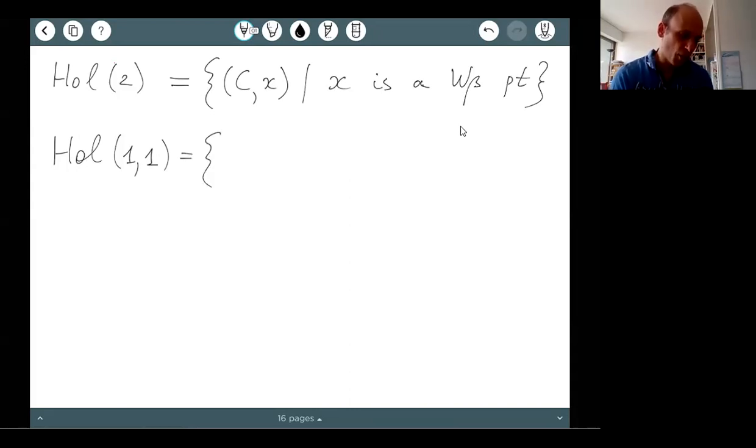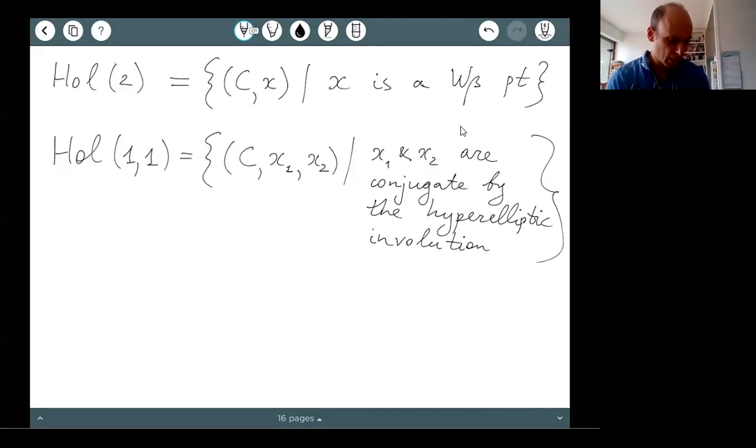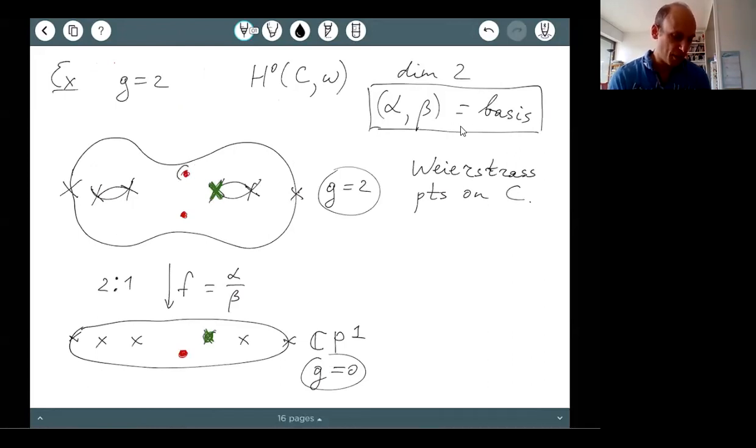And this is the locus of genus 2 curves with 2 marked points, x1 and x2, such that x1 and x2 are conjugate by hyperelliptic involution. So if we look at the previous page, these are the 2 points that are conjugate under the hyperelliptic involution. They have the same image under F.